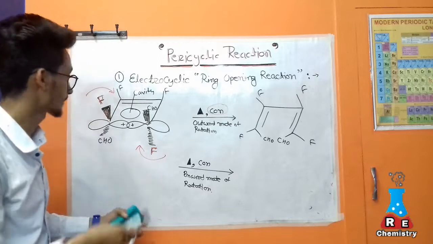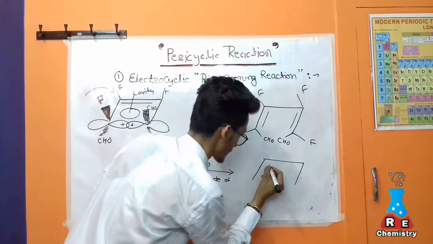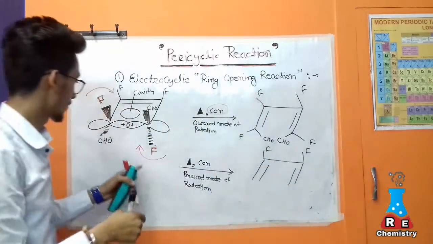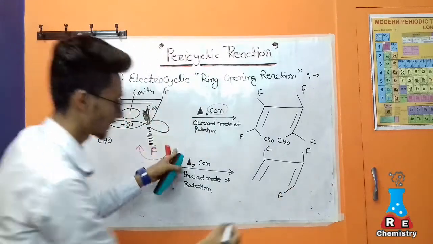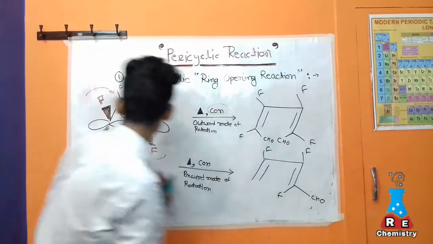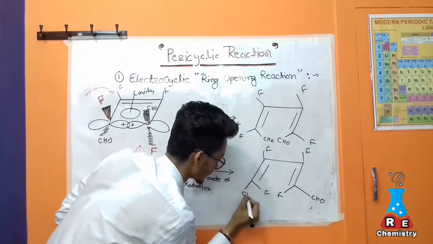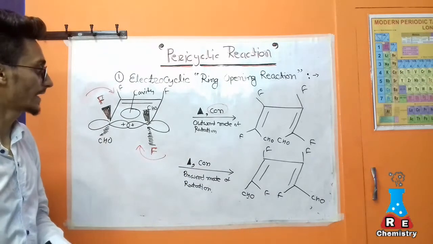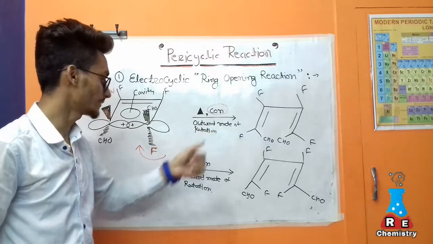So the formation of product is: this fluorine is there, CHO is here, and fluorine and CHO.